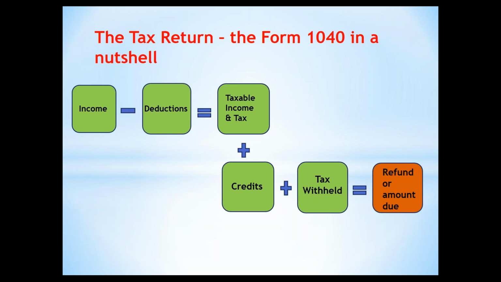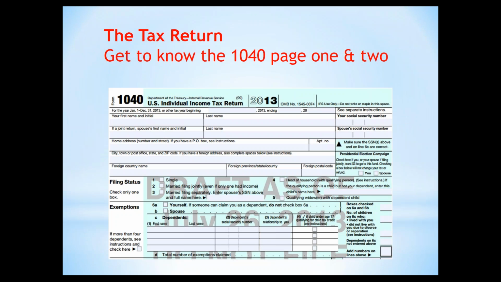And then once you have the tax rate, you can look at credits as well as the tax that's withheld, and that will give you the refund or the amount due on the tax return. So this is just a little bit of a visual aid to help show the process and how we're going to frame all the topics that we talk about for our tax law training through this training segment.